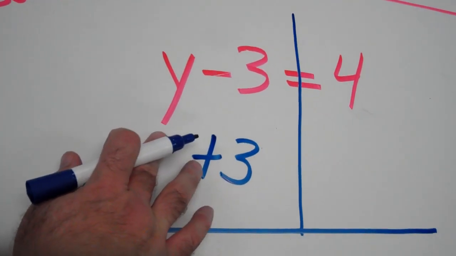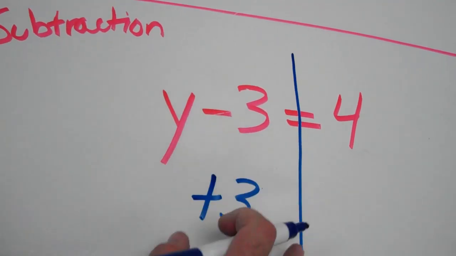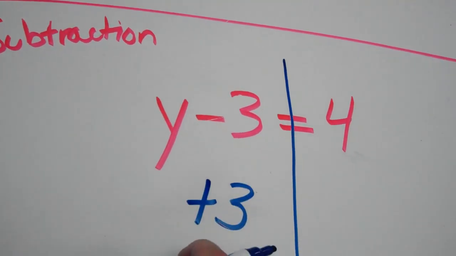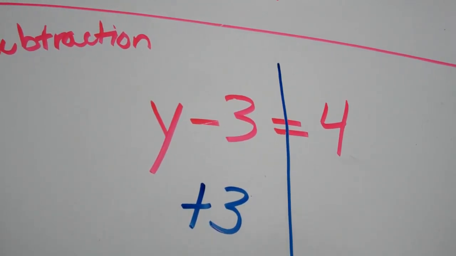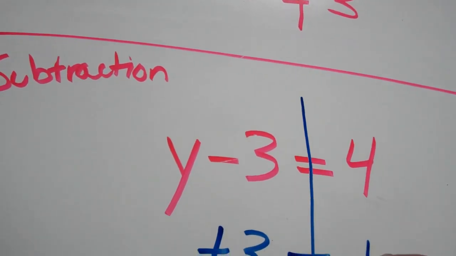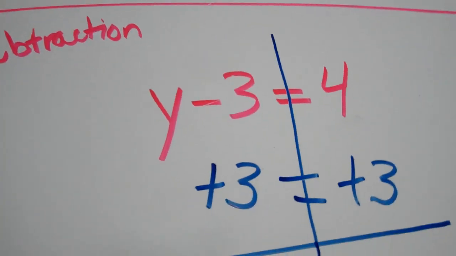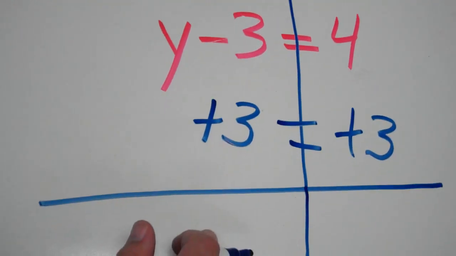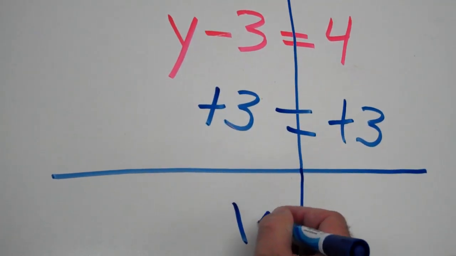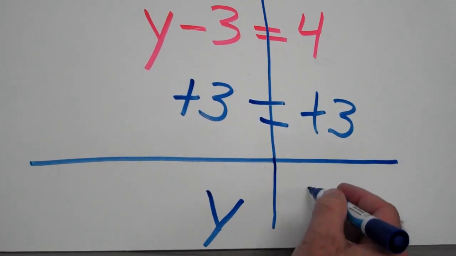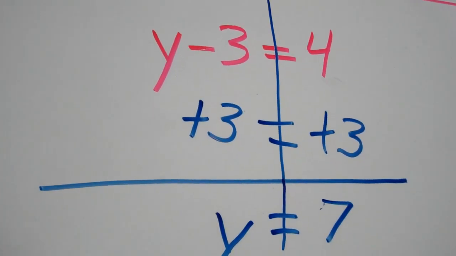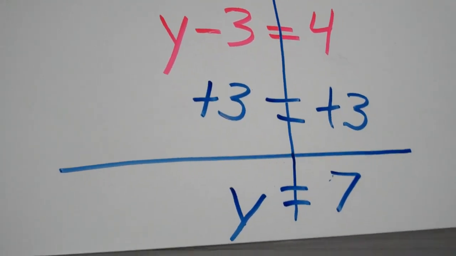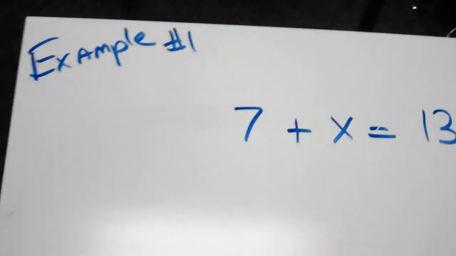So if I add 3 to this side, minus 3 plus 3 is 0. We need to add 3 to this side. And by doing that, we end up with y by itself and 7. Y equals 7.